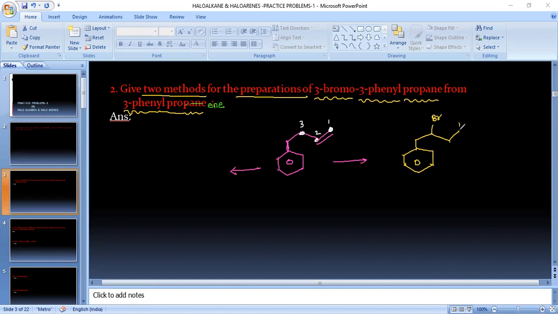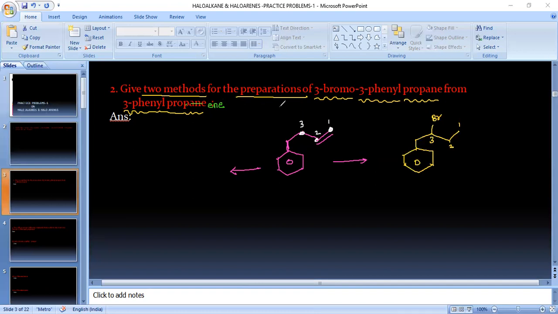Okay. 1, 2, 3. 3-bromo, 3-phenyl propane. So alkenes should be converted to alkanes, isn't it? So 3-bromo, 3-phenyl propane. Next, from this compound, yeah.